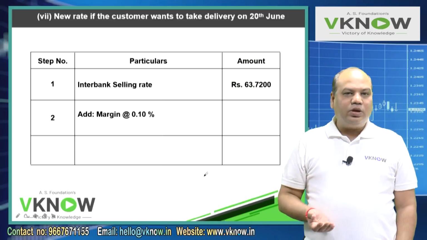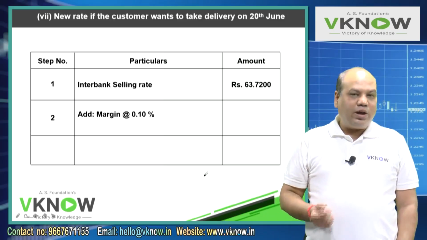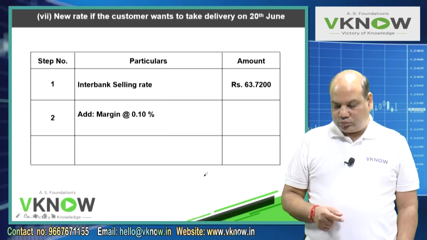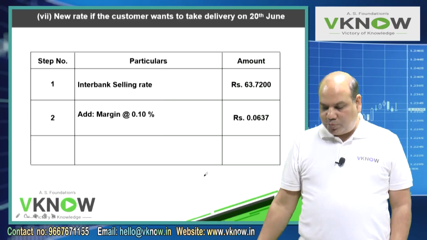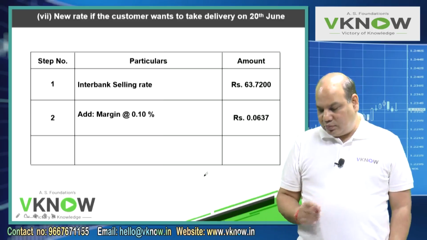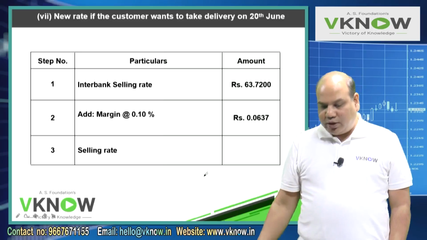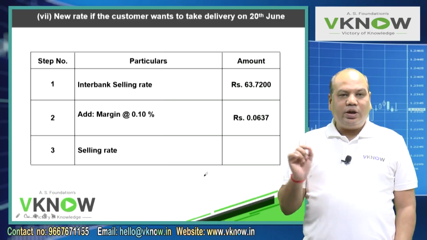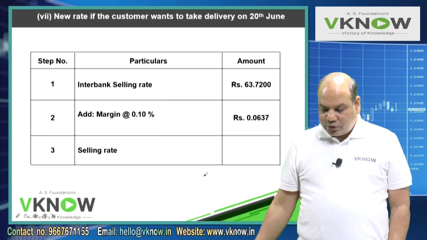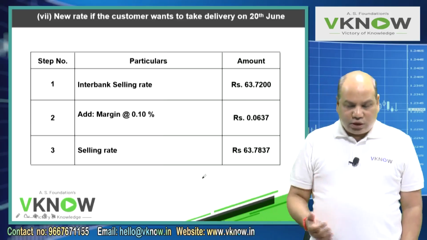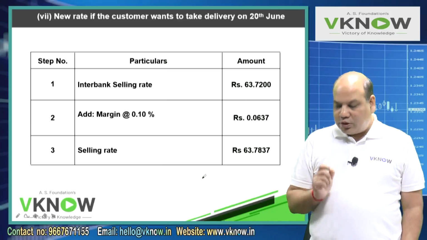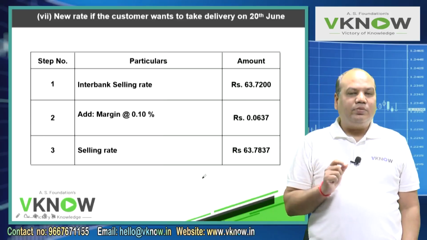Bank is selling to the customer, it will add margin. So this is 0.0637. After adding margin, selling rate to the customer, 63.7837.